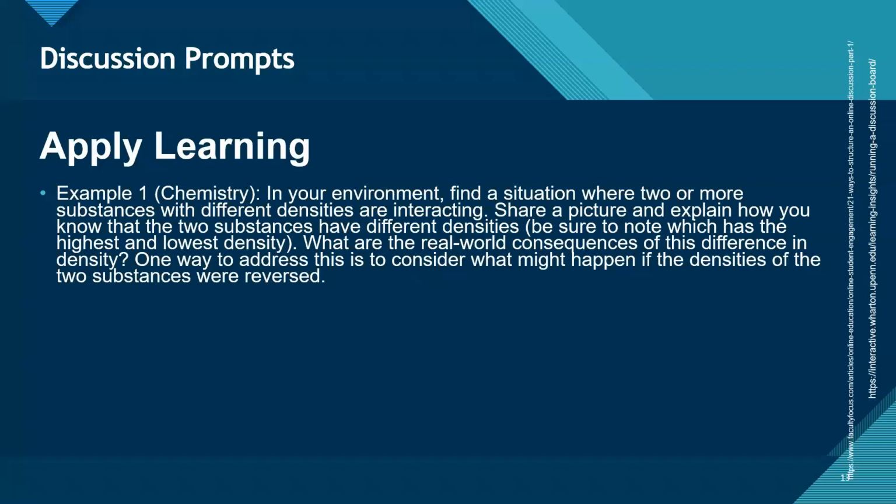It just says, in your environment, find a situation where two or more substances with different densities are interacting. Share a picture and explain how you know that the two substances have different densities. You could get all kinds of interesting pictures and responses to this, and you would have students explaining what would happen if the densities of the two substances were reversed, and the real world consequences of the difference in the density.